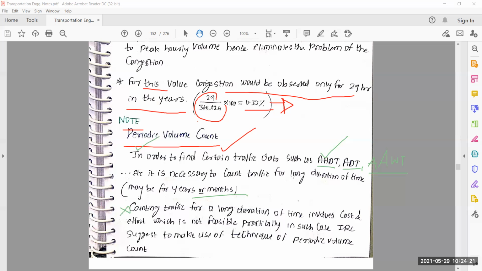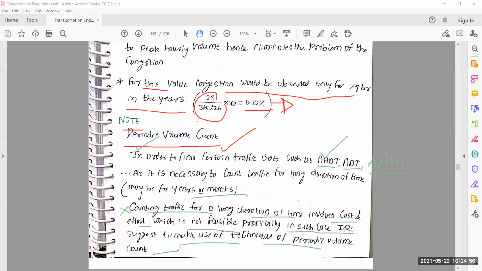Next point is that counting traffic for a long duration of time involves cost and effort, which is not practically feasible. IRC suggests making use of techniques of periodic volume count. I already discussed why periodic volume count is involved in our traffic volume data process: for calculation of AADT and AAWT, we count traffic for a long duration.